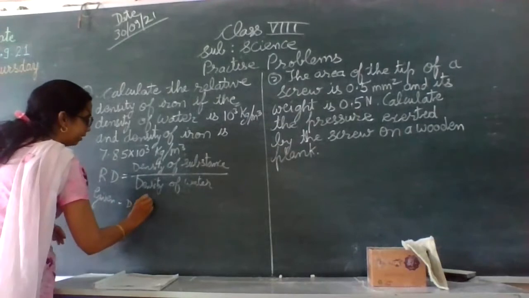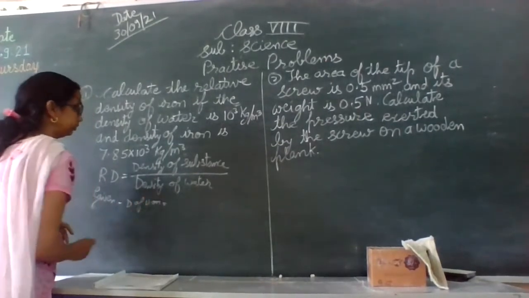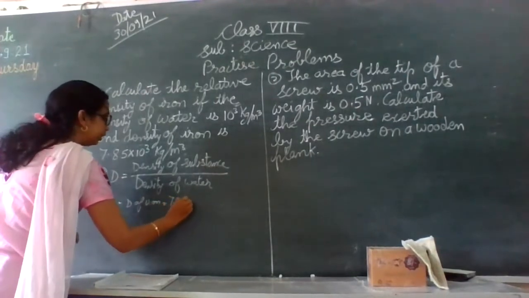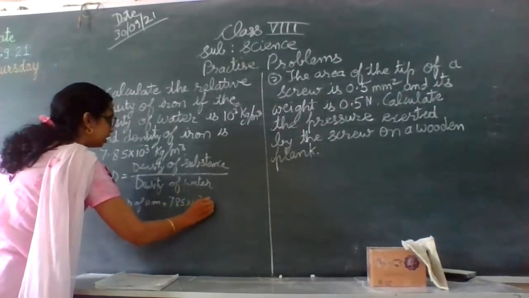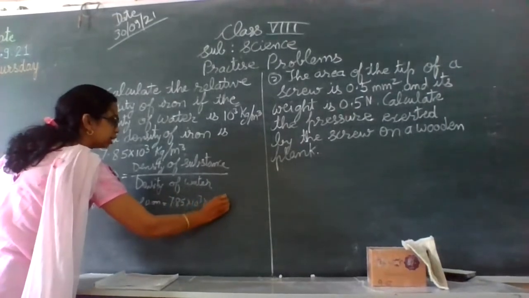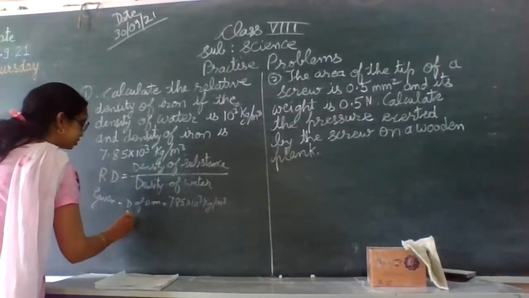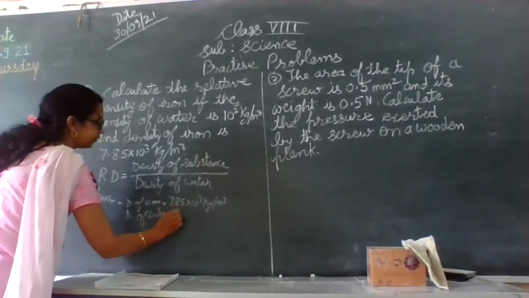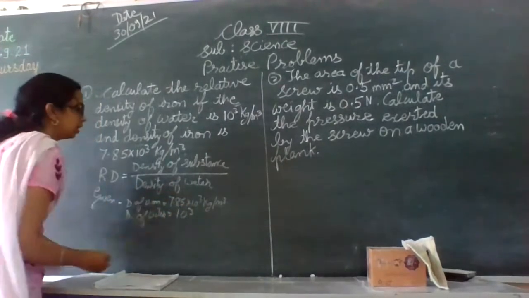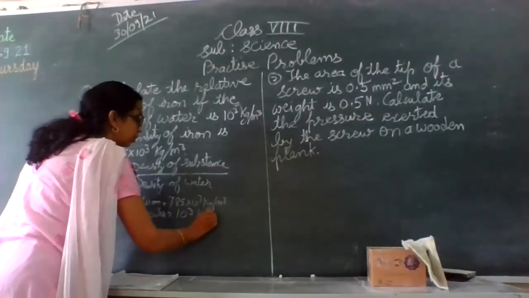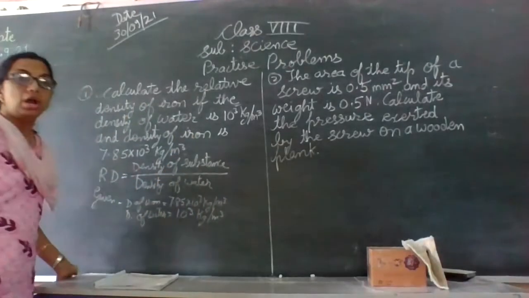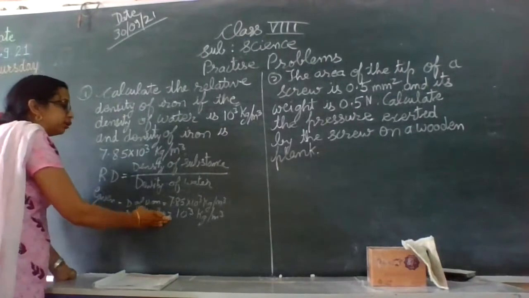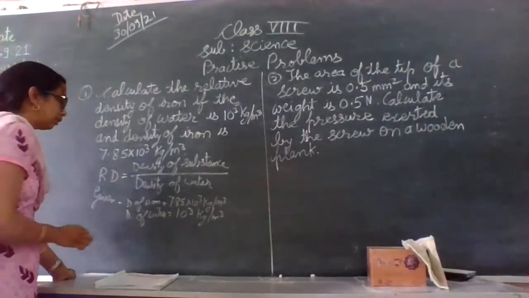Density of iron is 7.85 into 10 raised to 3 kg per meter cube and density of water is given 10 raised to 3 kg per meter cube.